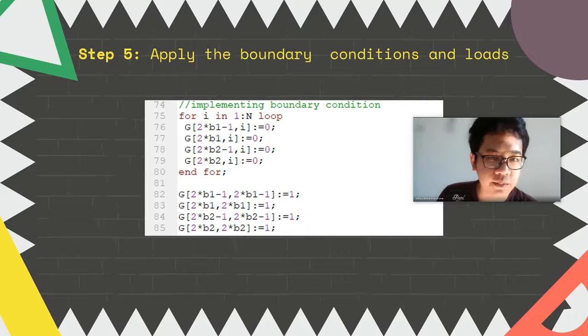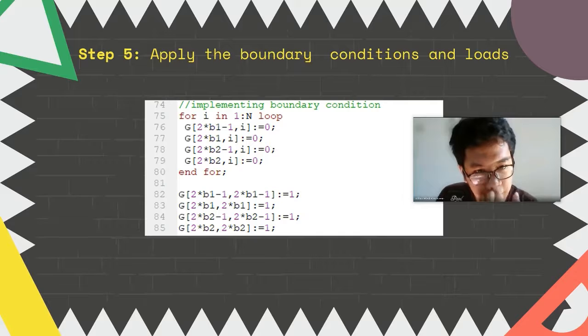G2 times B2 minus 1 point E equals 0, and G2 times B2 point I equals 0 too. After that, we end the loop, and the boundary conditions are stated below the loop. All of them are equal to 1.